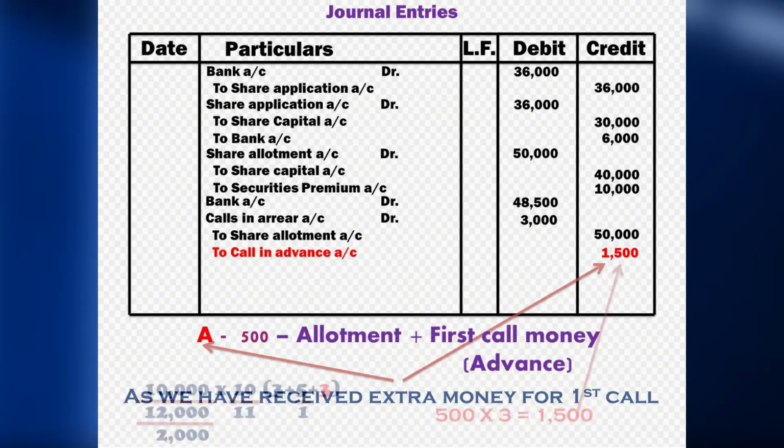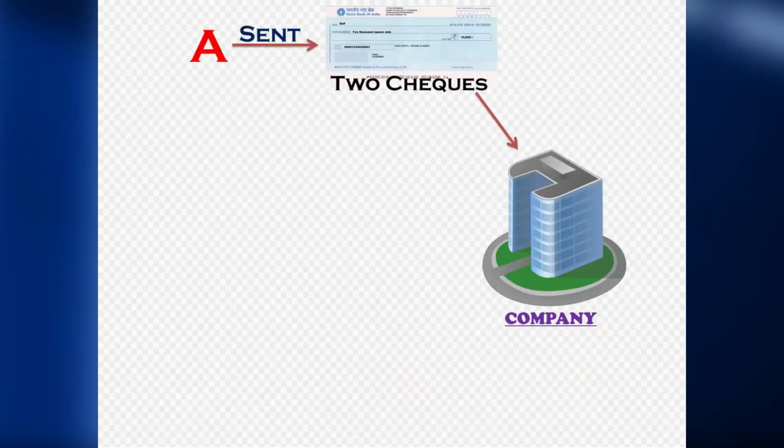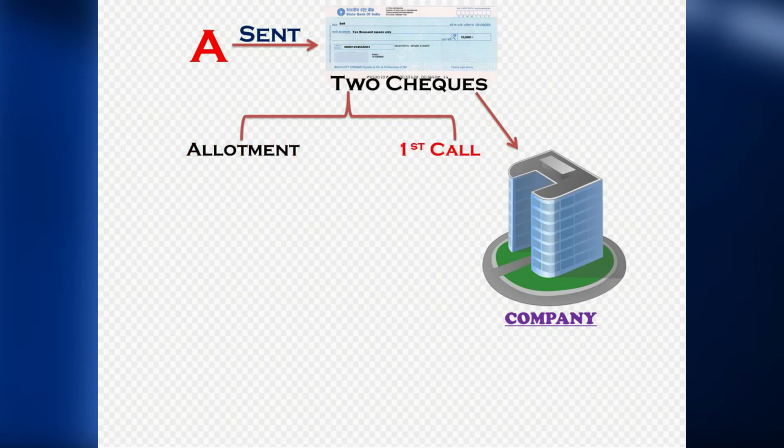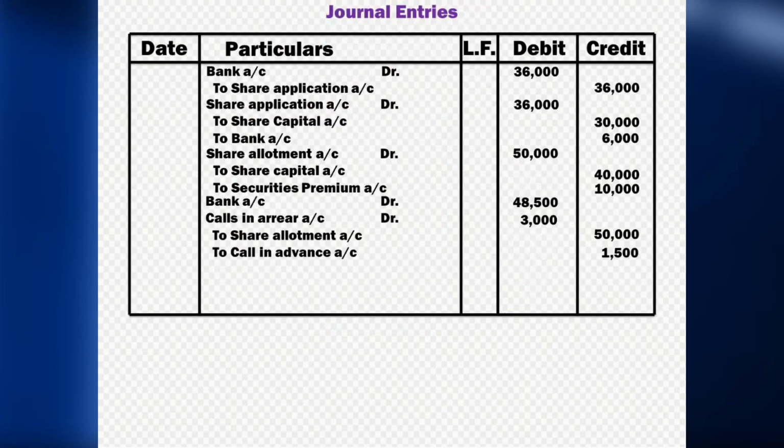It means A sent us two checks, one for allotment and one for first call. Allotment was 500 into 5, and for first call it was 500 into 3. So we got the extra check of 1,500 from A. So to calls in advance 1,500. In this way, in this question, calls in arrear has been included and calls in advance has been included.